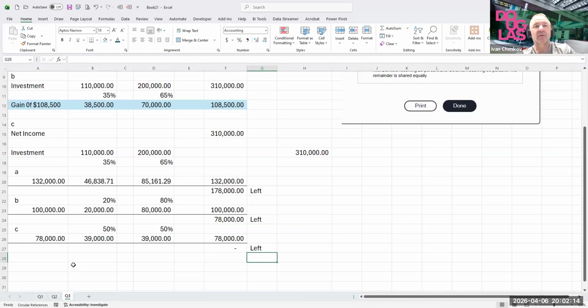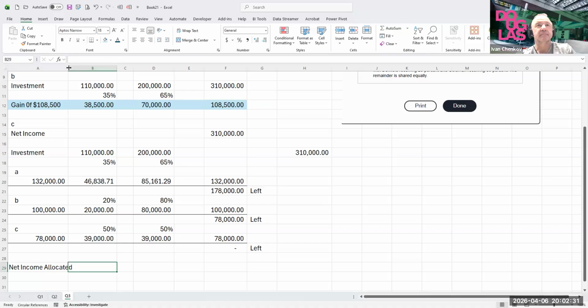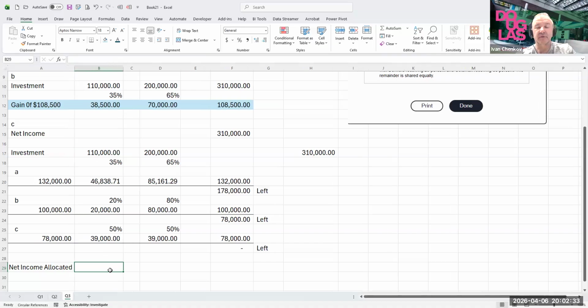Now let's see the capital account or net income allocation. Let's go to net income allocated. How much is Ken going to get? Ken's going to get this one plus this one plus this one. So he's going to get that amount. Ivan's going to get a similar amount.